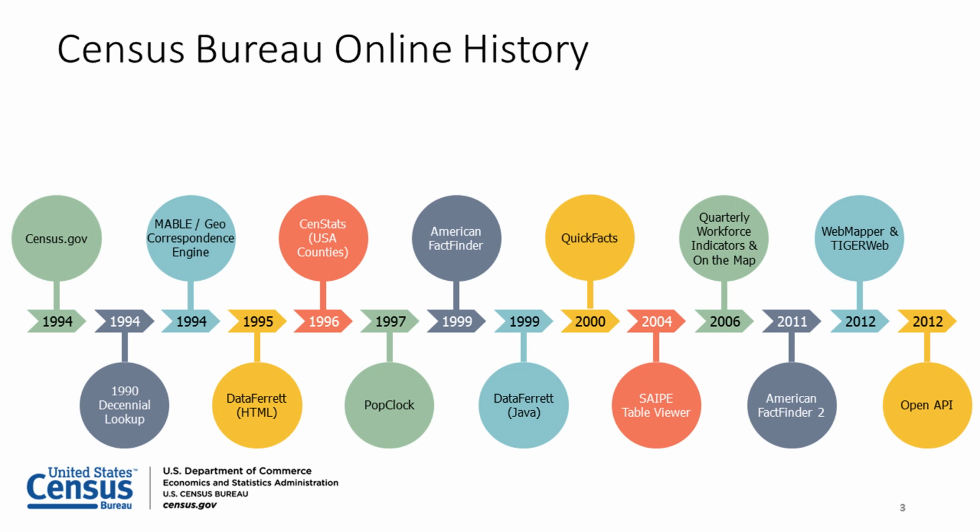People have really enjoyed a lot of these tools. They arose kind of organically based on what people were needing. People needed some quick and easy ways of looking at data, so we have something like QuickFacts. People wanted to be able to have the breadth of the tables, and we have AFF2.